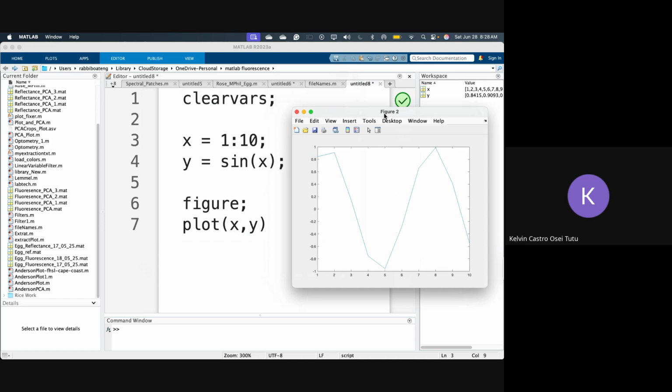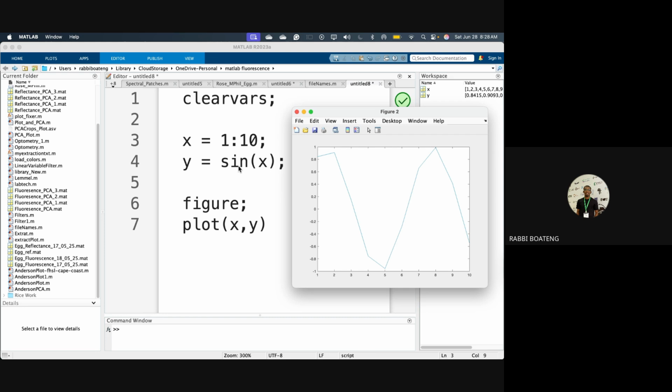Yes, sir. Very good. So this is not very smooth because of the number of variables that we've used. But if I use a division that is very small, you will see a very nice waveform because of the sine function that I'm using here.